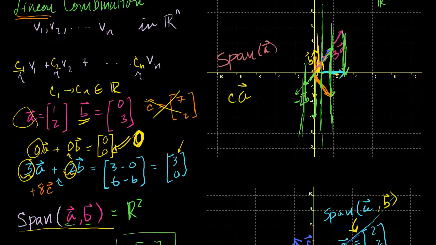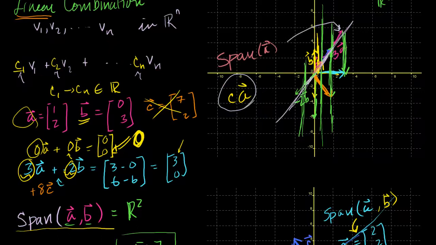And we saw in the video where I showed a parametric representation of a line, that the span of just this vector a is all of the line that's formed when you just scale a up and down. So span of a is just a line.